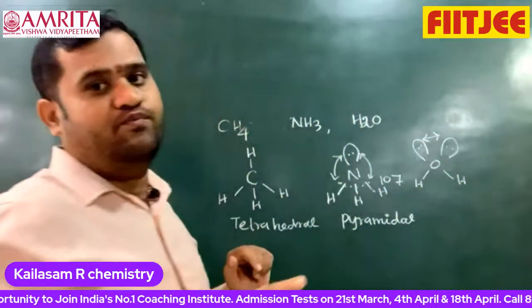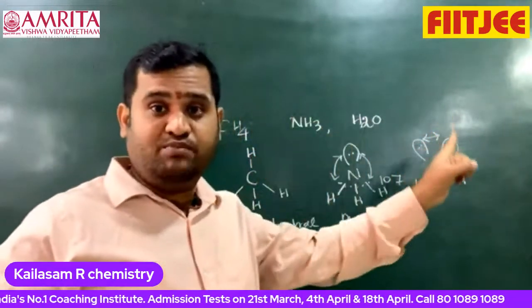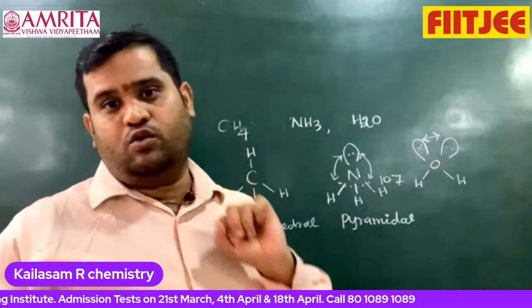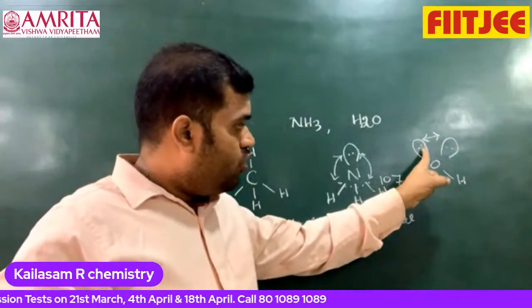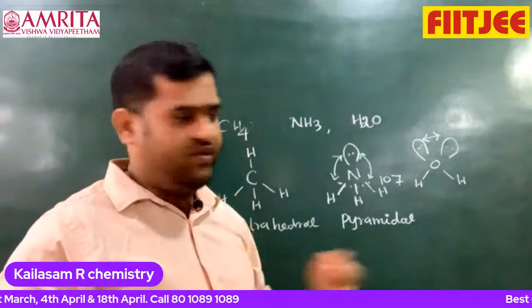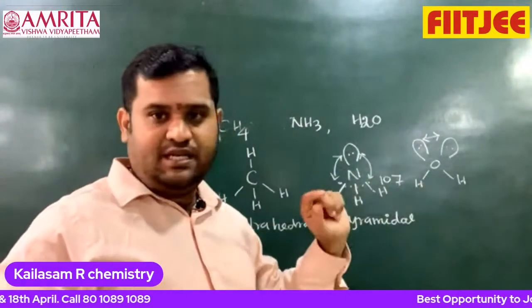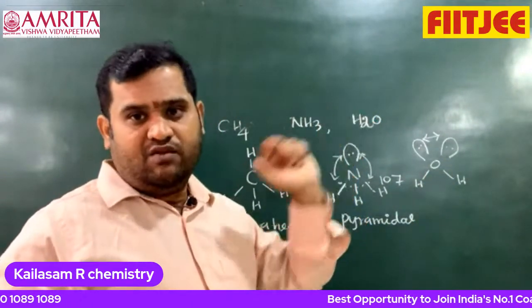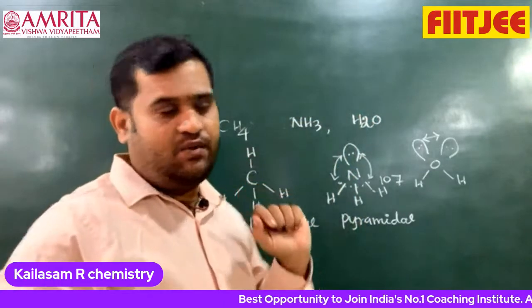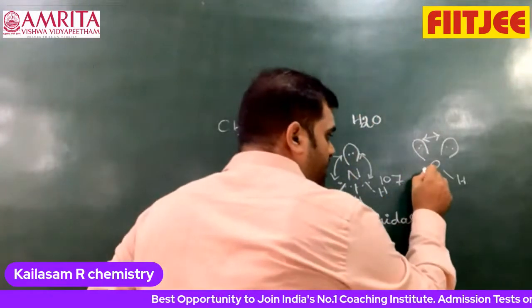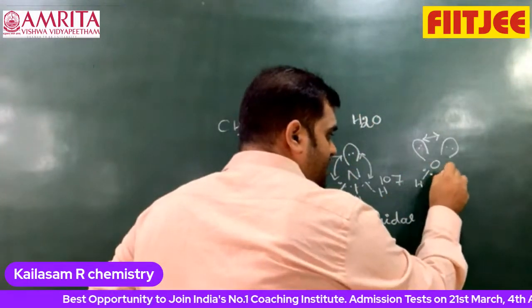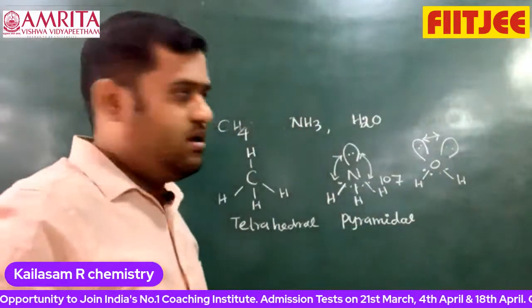Even though there are 3 types of repulsion to observe, one is lone pair repulsion. If you take oxygen and hydrogen, oxygen is the most electronegative. Therefore, all the bond pairs will go towards it.